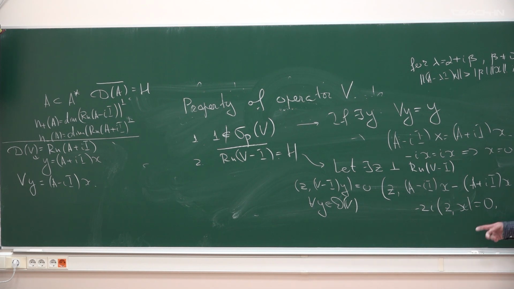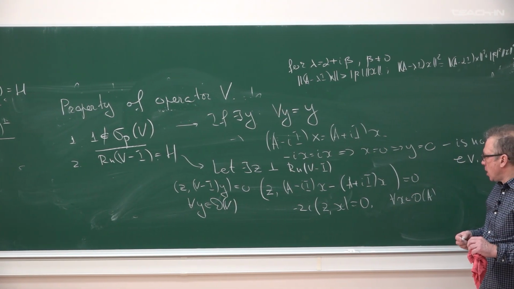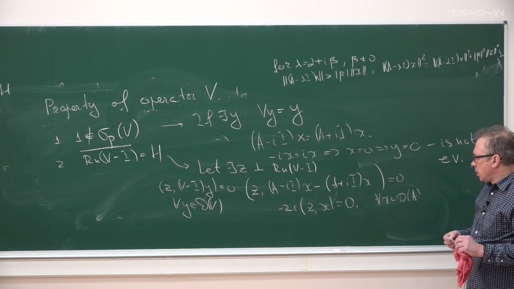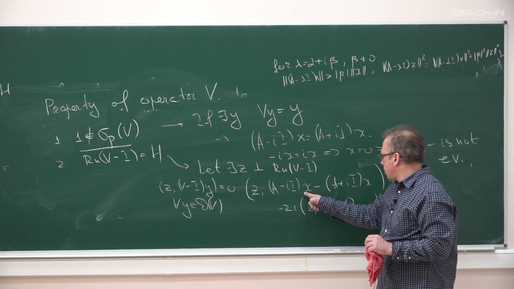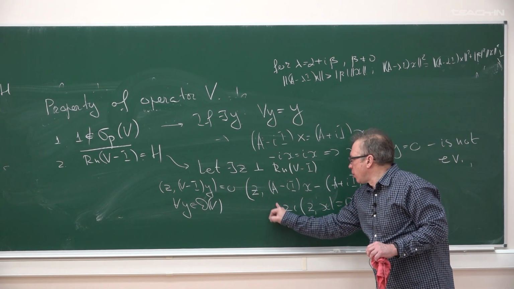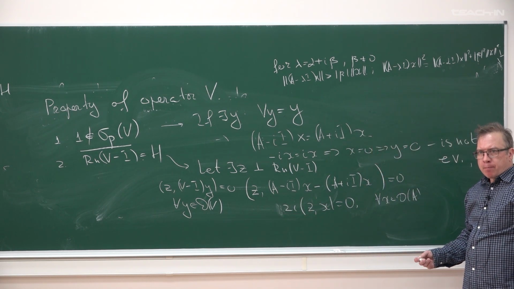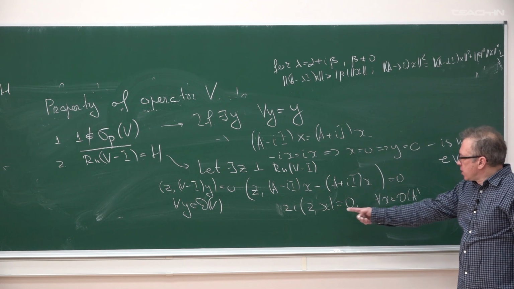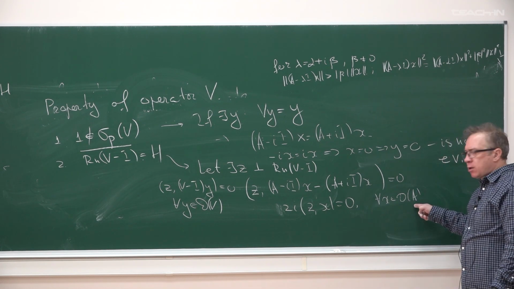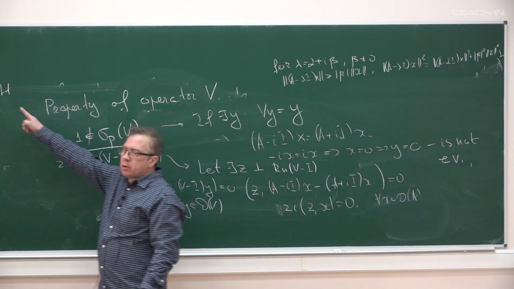So we obtain this. Yes, it is 2 imaginary units, and plus without minus, because I take away these numbers from the second place. So this vector is orthogonal to any vector from the domain. And now this assumption works.